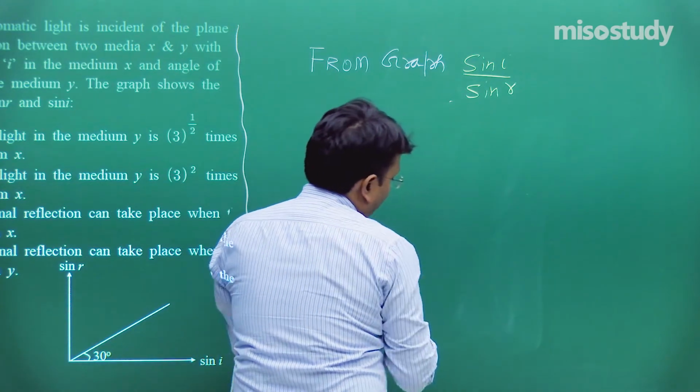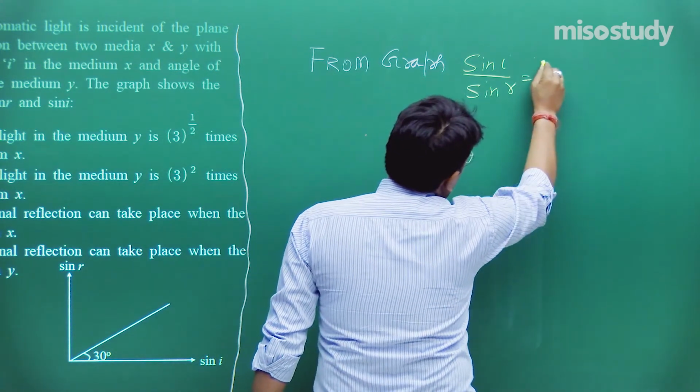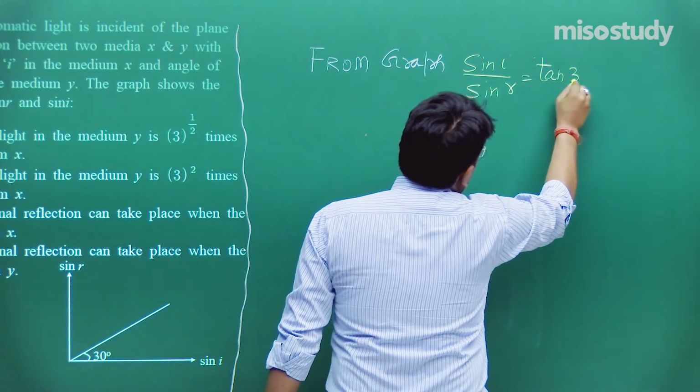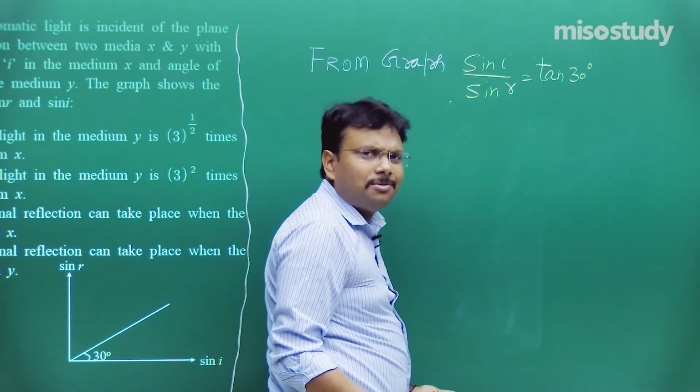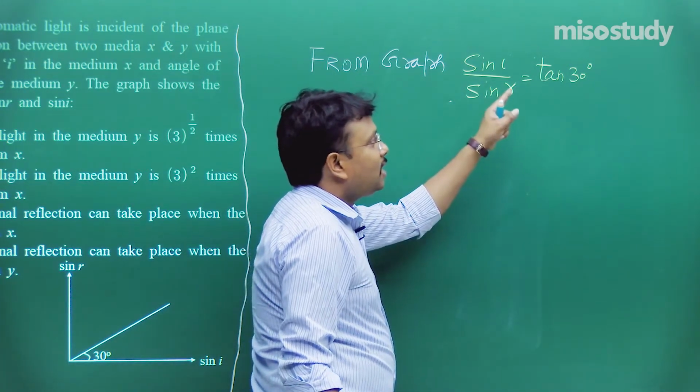So sin I upon sin R is equal to tan 30. Now what is the value of tan 30? Class 9th basic value, 1 by root 3.